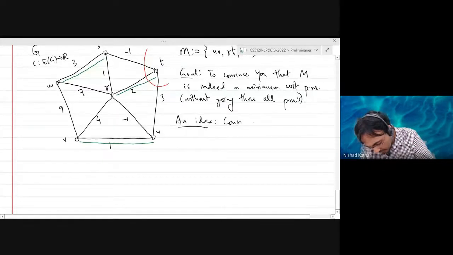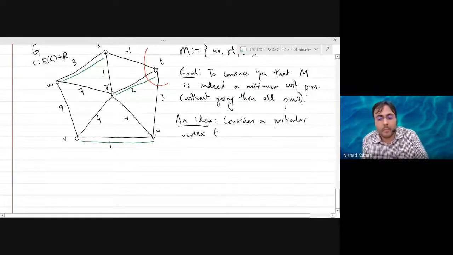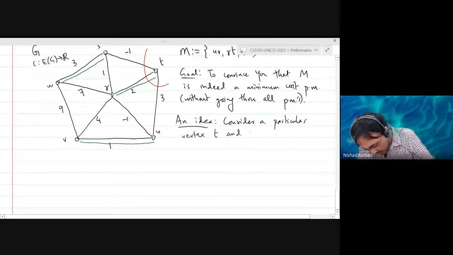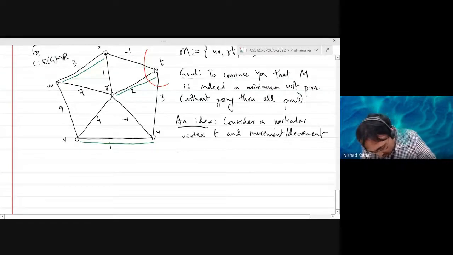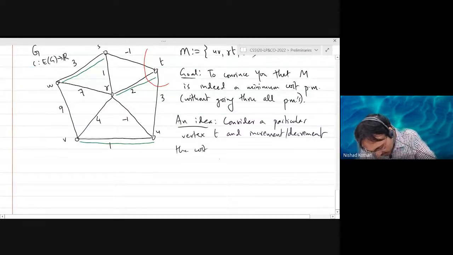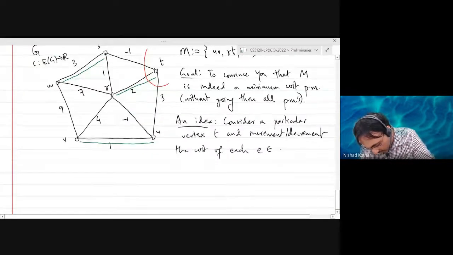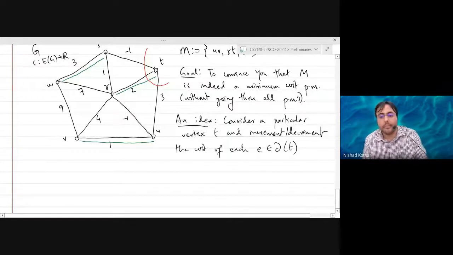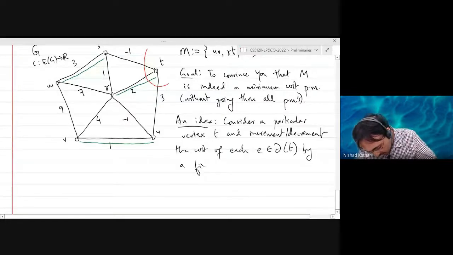Consider a particular vertex T and increment or decrement the cost of each edge which is incident at the vertex T, by a fixed constant.